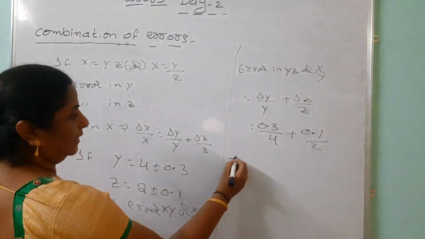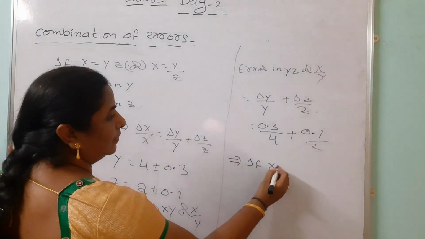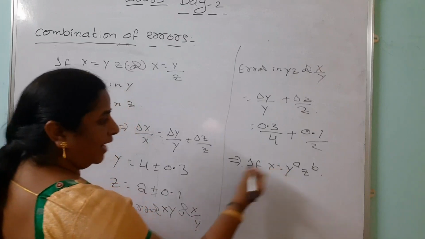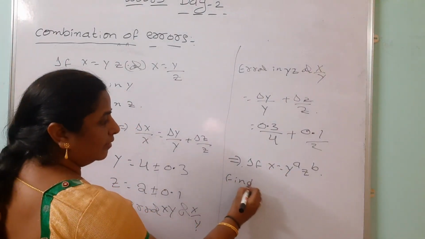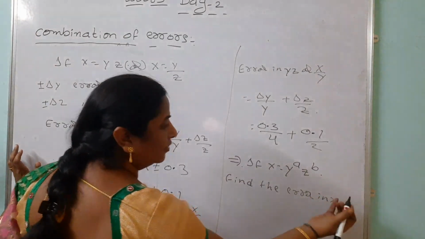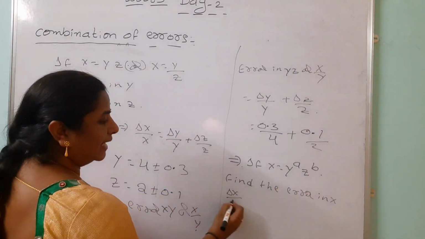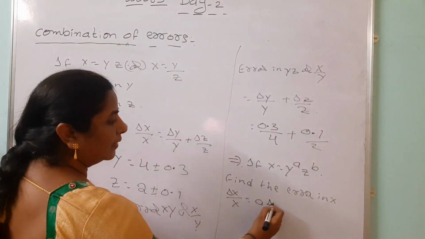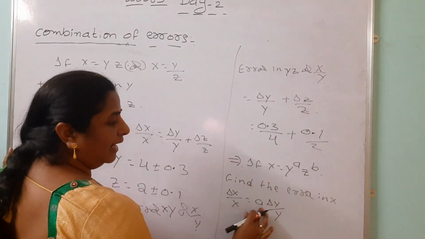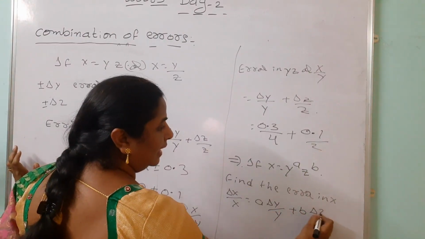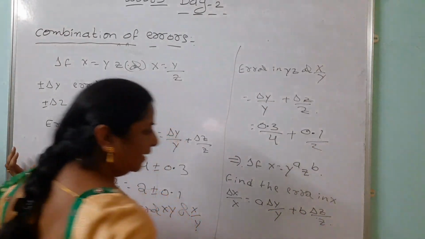Like that, powers are there. If x equals y power a, z power b, find the error in x. How to find out? Same: delta x by x equals, power is coming as a multiple, a into delta y by y, a times of this one, plus b into delta z by z. Like that.